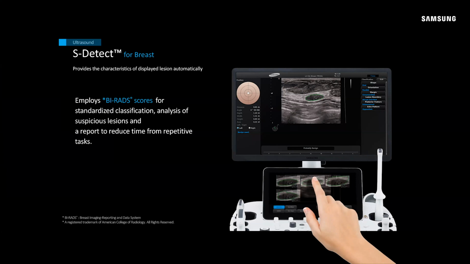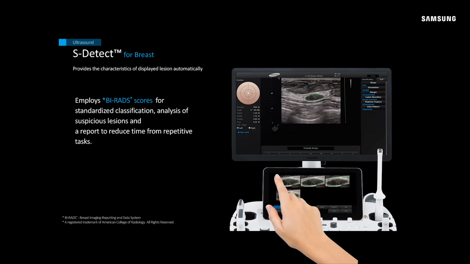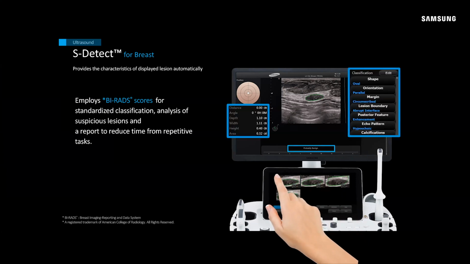The first one is S-Detect for breast. This is a great technology built into one of the Samsung machines. This is actually the same machine we have at my institution. What we do is we find a lesion in the breast, and using this technology, we're able to outline the lesion with a simple box. Then within that box, the machine will segment the lesion and output some data about the lesion.